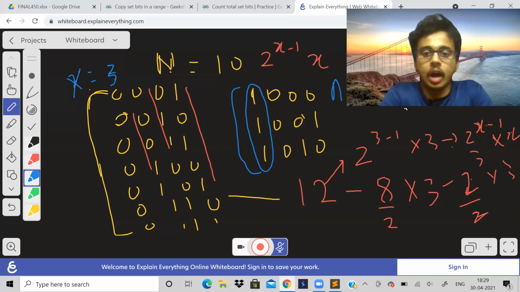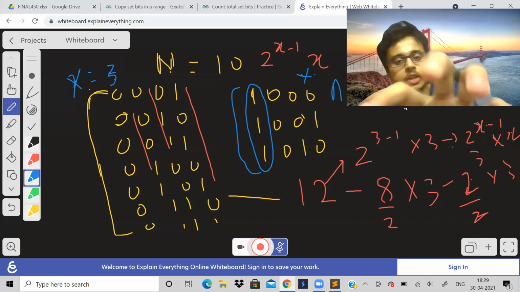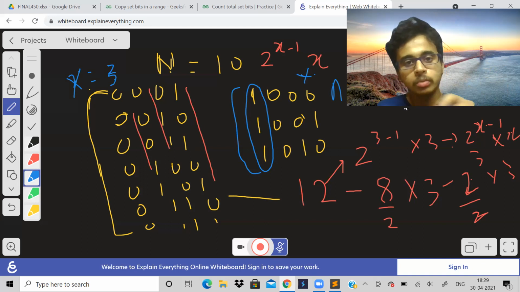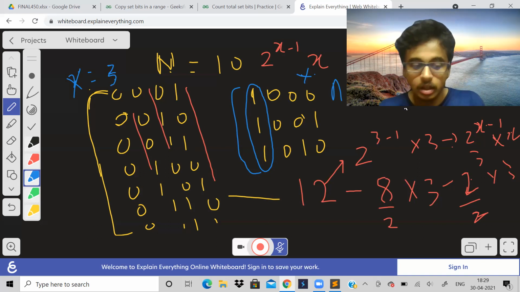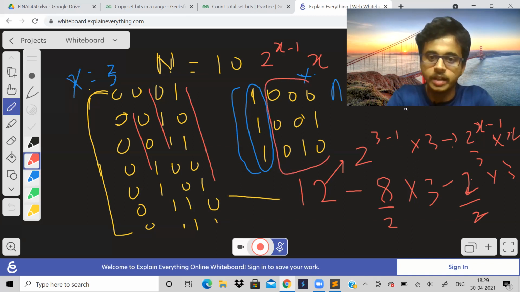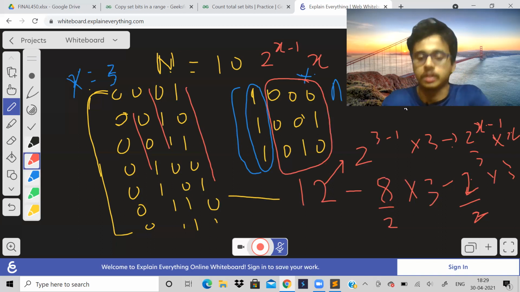So we had calculated this 2 power x minus 1 into x set bits. Now we have calculated n minus 2 power x plus 1 set bits. Now what is remaining? If you observe, remaining is this. We only have to concentrate on this portion.